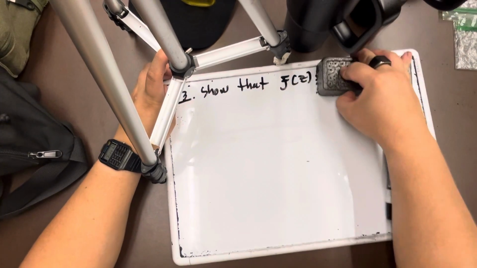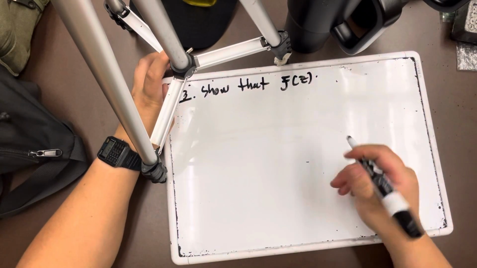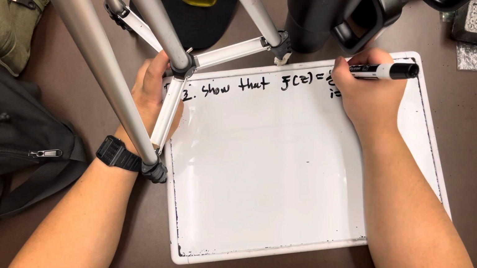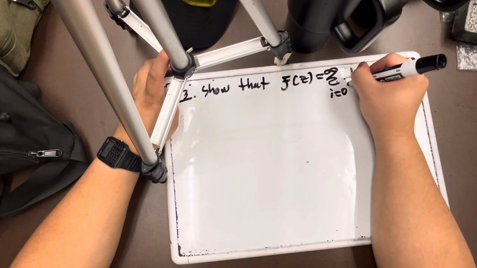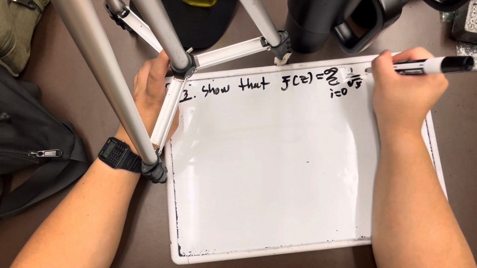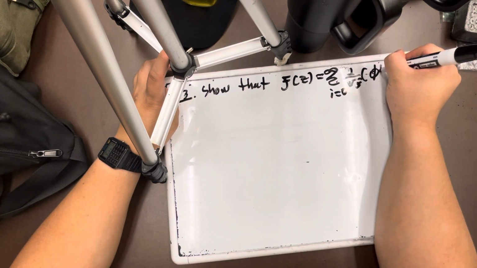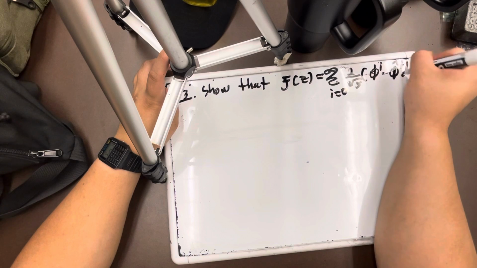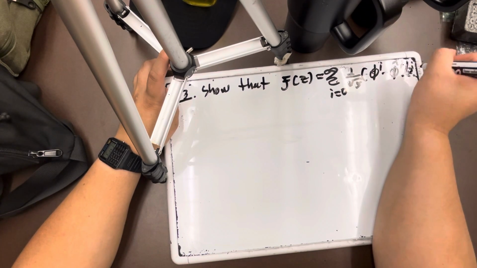Part 3 is show that f of z is equal to the summation from i equals 0 to infinity of 1 over the square root of 5 times open parentheses phi to the i minus phi hat to the i close parentheses times z to the i.